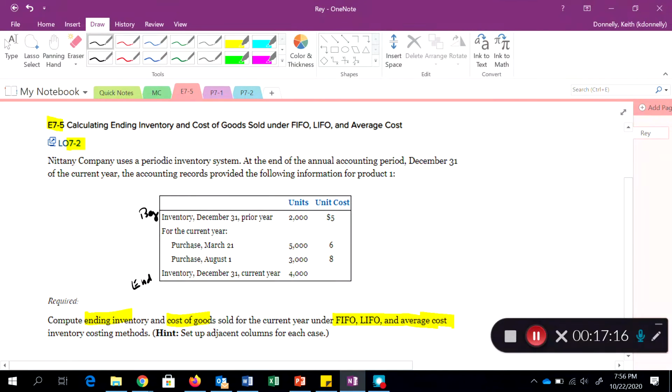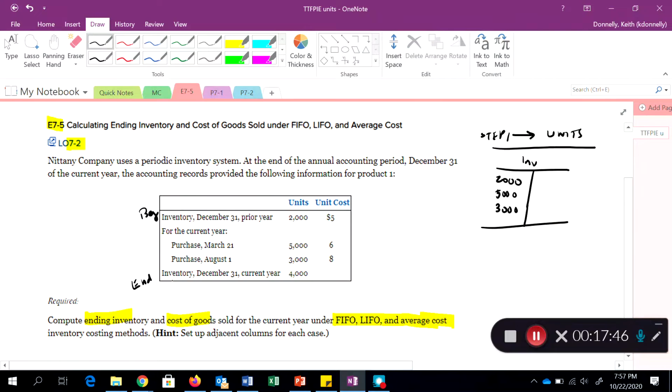The first thing is, like I said, step one, figure out the equation in unitary form. So we're dealing with inventory. From a unitary format, we started with 2,000 units, our beginning. We then bought 5,000. We then bought 3,000 more.